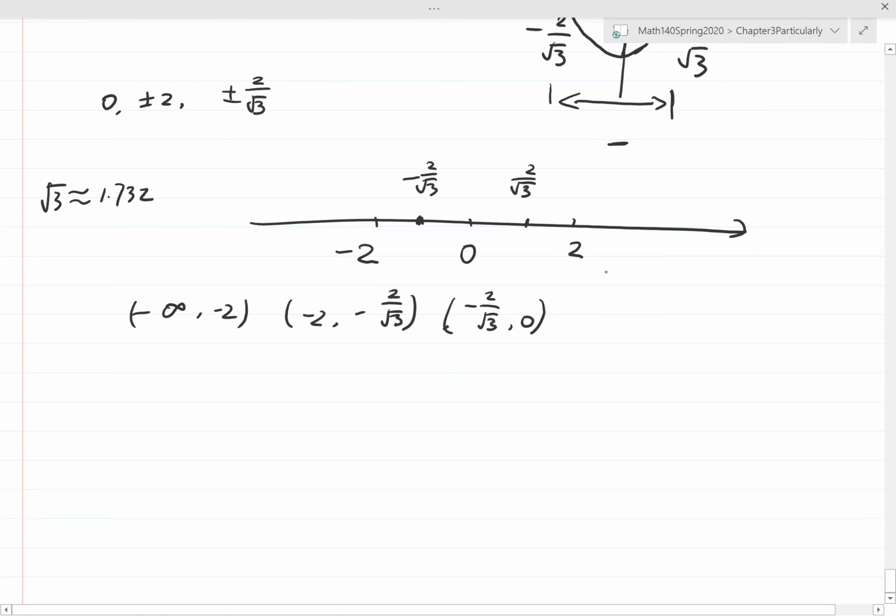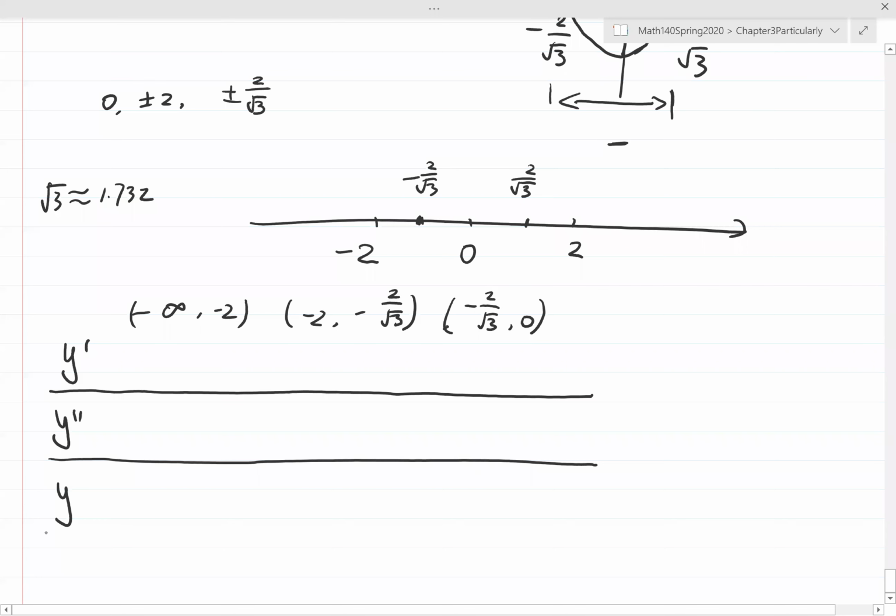Of course, you can plot just half of the work. The other half follows by symmetry. So let's plot y prime, y second derivative, and y. We'll just be a little lazy here.